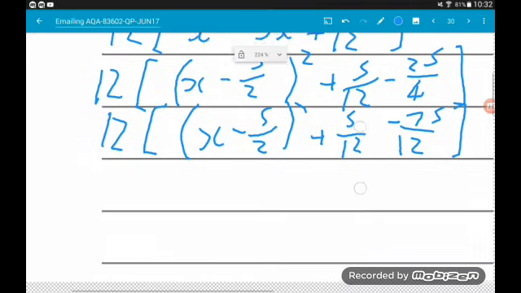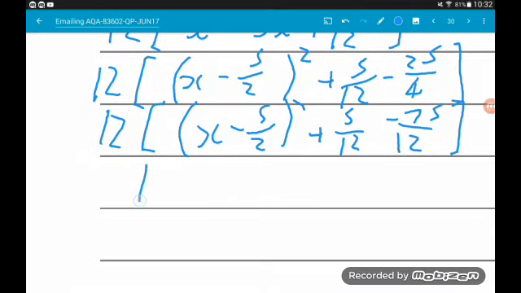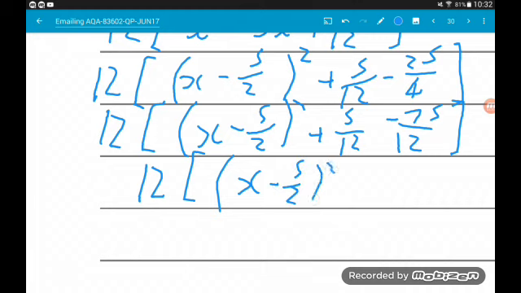So we then got 12 lots of x minus 5 halves all squared. Now 5 twelfths minus 75 twelfths is going to give us minus 70 twelfths, like that.